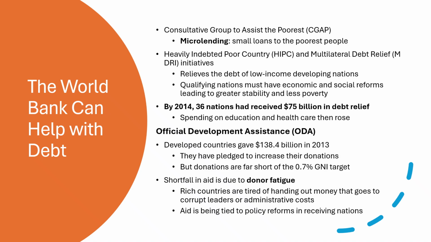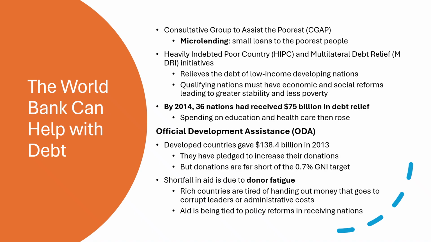You also have other initiatives such as eliminating completely or drastically reducing the debt, giving some relief to those nations. By 2014, more than 75 billion in debt had been relieved from those countries. So now, instead of investing money in reimbursing a loan, those countries can spend the money on education and healthcare.